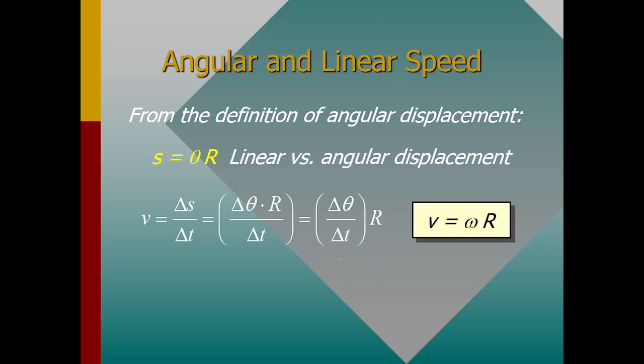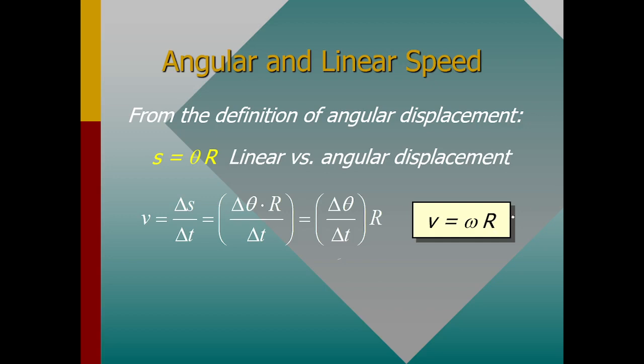Change in angular displacement over change in time is the angular velocity, and r is just the radius.